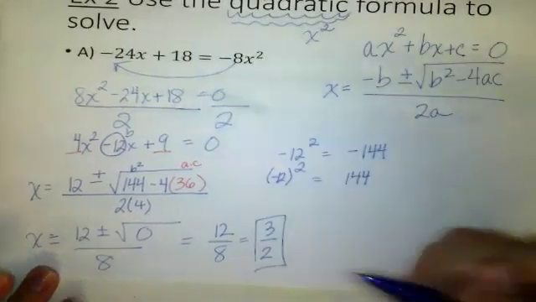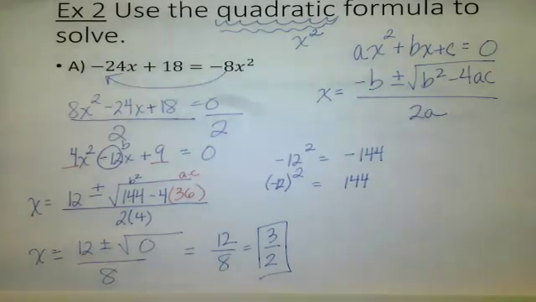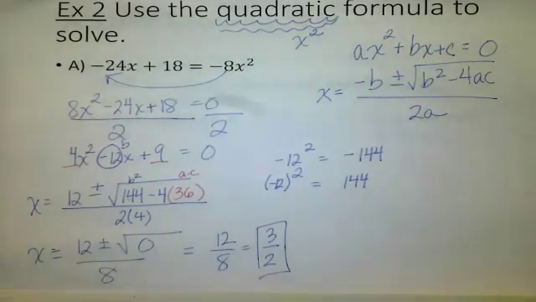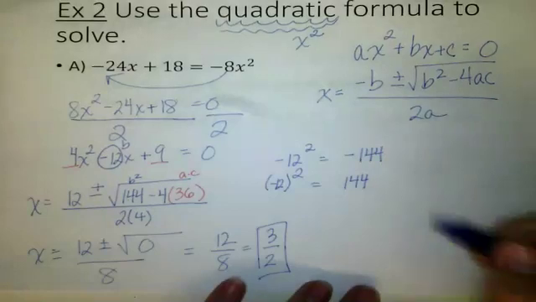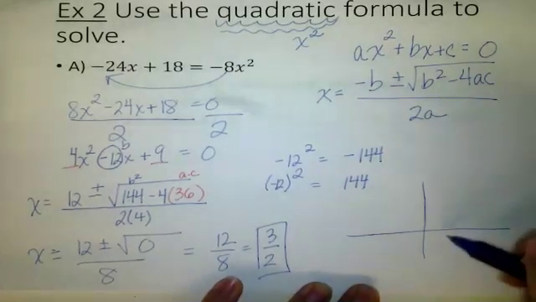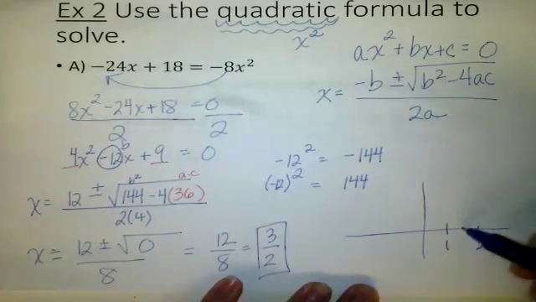What does that look like graphically when our quadratic equation only has one solution for x? The parabola touches the x-axis between 1 and 2, at 1.5.